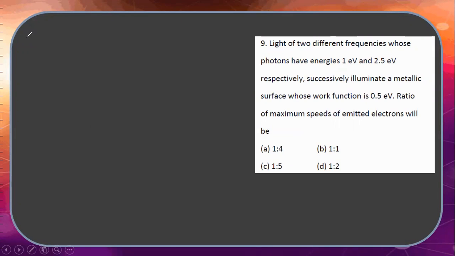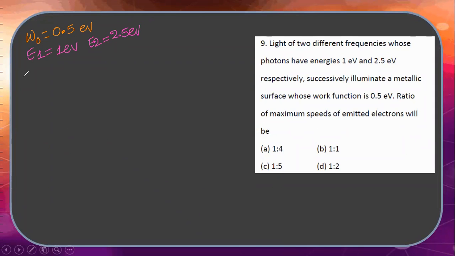Work function W is equal to 0.5 electron volts. So E1 is equal to 1 electron volt, E2 is equal to 2.5 electron volt.